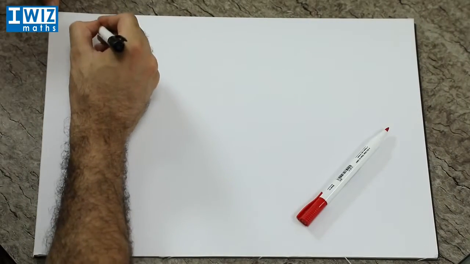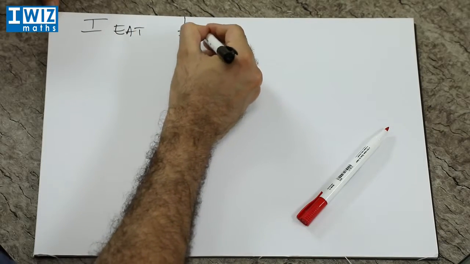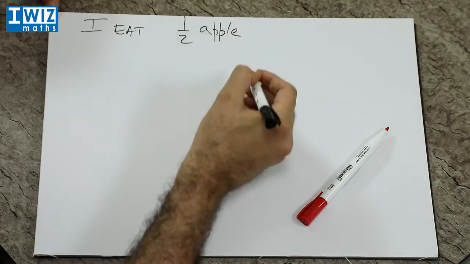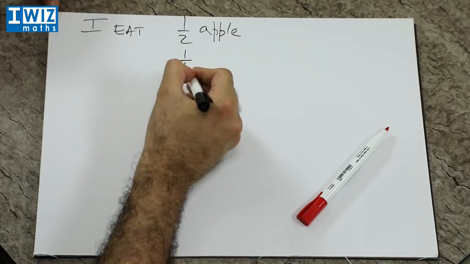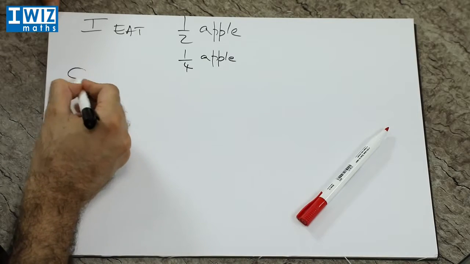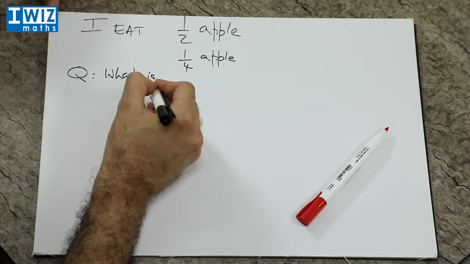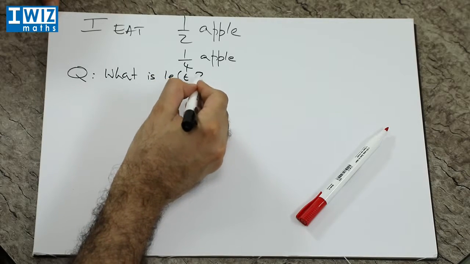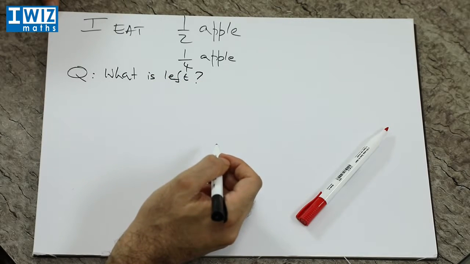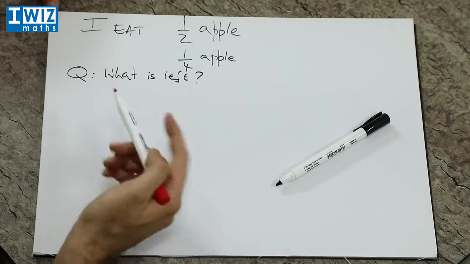So the problem is that I eat half an apple, and then after that I eat a quarter of the apple, and the question is what is actually left of the apple. Now, there are two methods of tackling this problem.